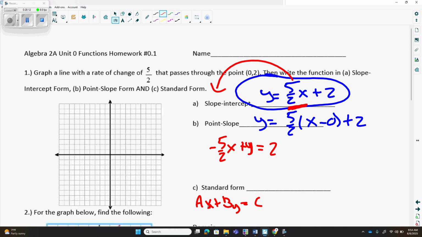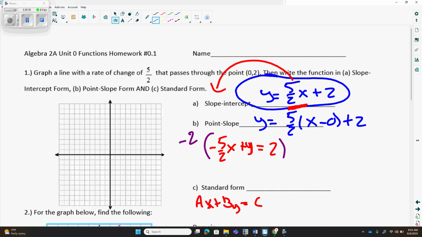All right, now I need to change it into a positive and no fractions. Last one, we had a negative sign in the front, so Mary Beth told us we need to multiply everything by a negative. And then we had a 2 on the bottom, so we want to multiply by a 2. So we're going to multiply every one of those things by a negative 2.